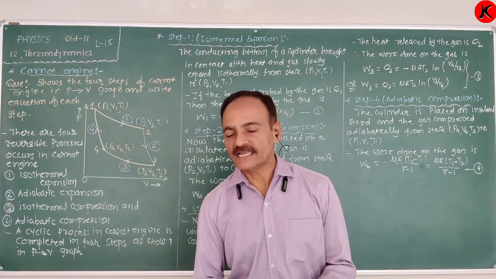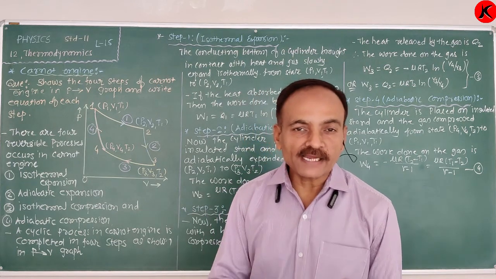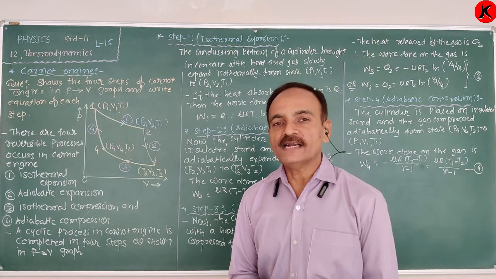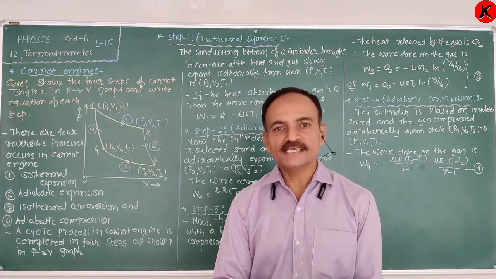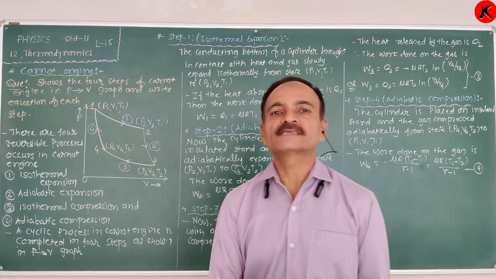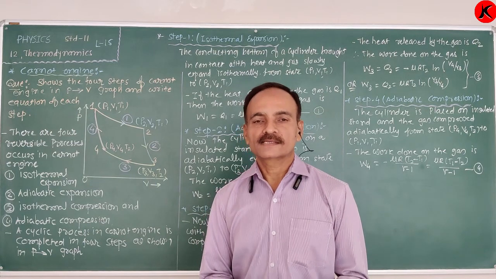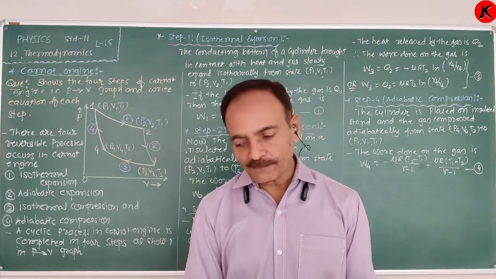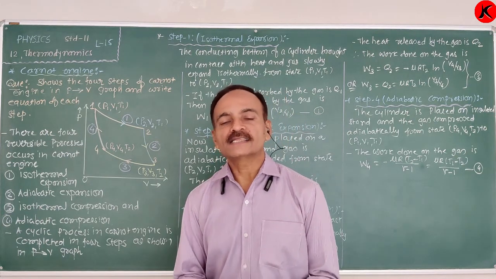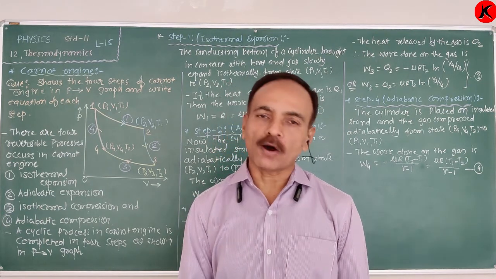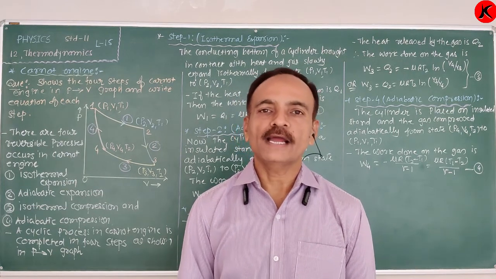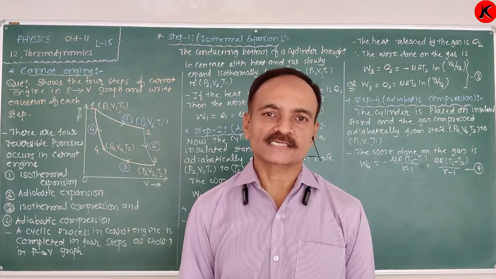Again, we repeat the definition of the Carnot engine. A Carnot engine is an engine which converts heat energy into mechanical energy. Here, a cyclic process occurs, consisting of two isothermal and two adiabatic reversible processes.